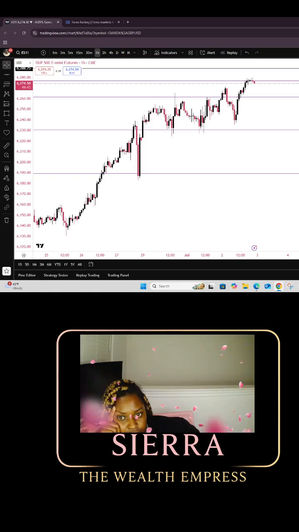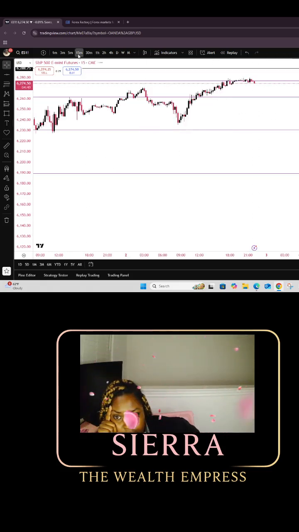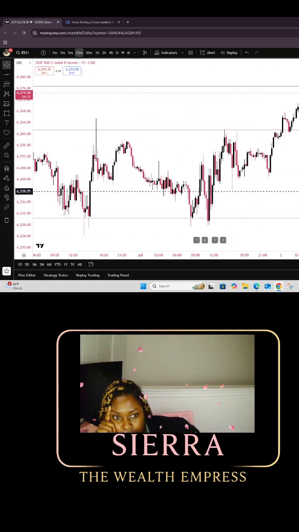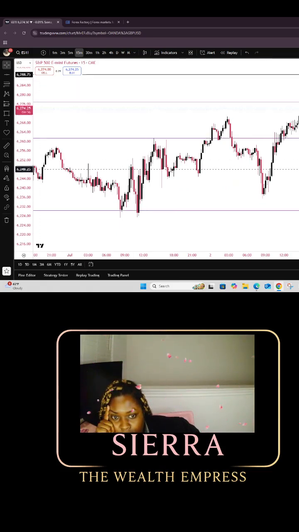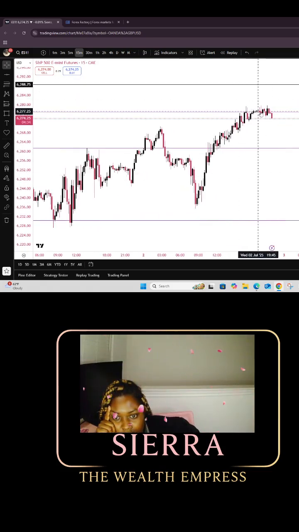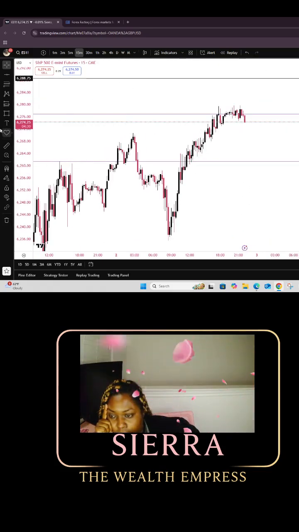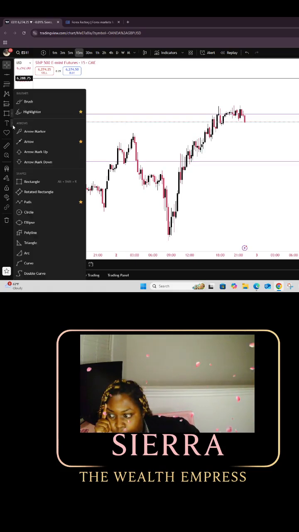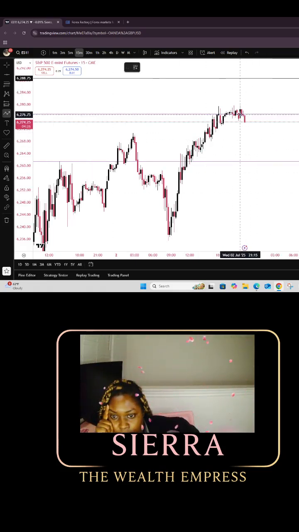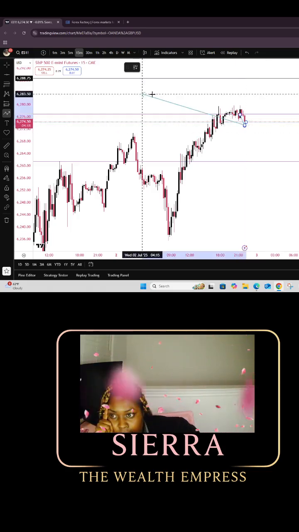ES, we marked up SPX already, and we marked up our zone. As you can see, price is currently at a zone, and it looks like it's trying to trade away. We do the same thing here as we do on the other one. So now we got our break, and we want to see price come back. It looks like it's creating a fair value gap here, right?